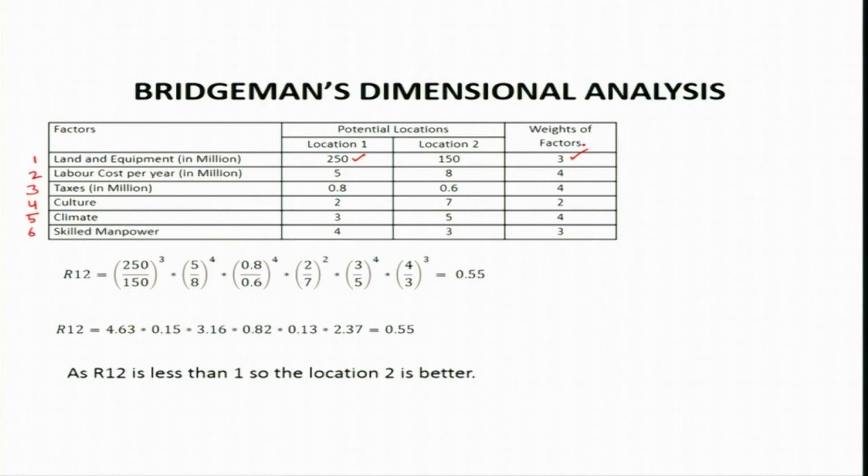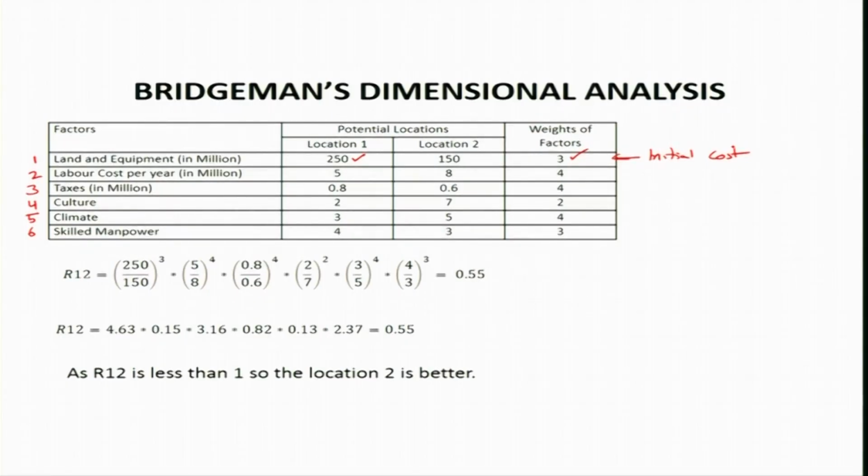Here, for clarity, this is my initial cost of land and machinery. So 250 million is required in land and machinery to set up the factory at location 1, and 150 million is required at location 2.